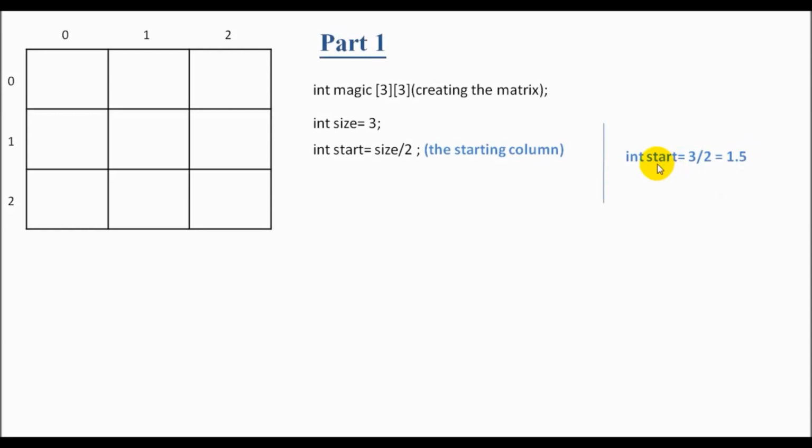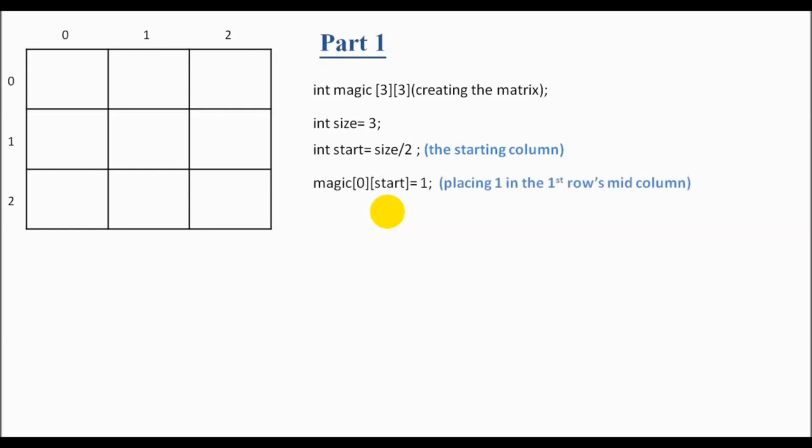So our start column will be 1 here. Now we have our starting row number and our starting column number. So this is the place where we are going to start placing our numbers.